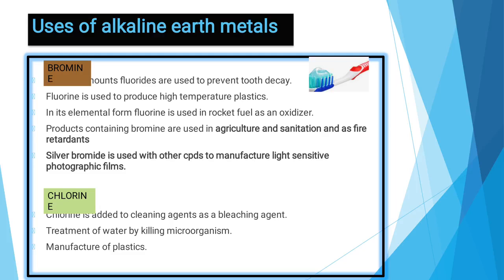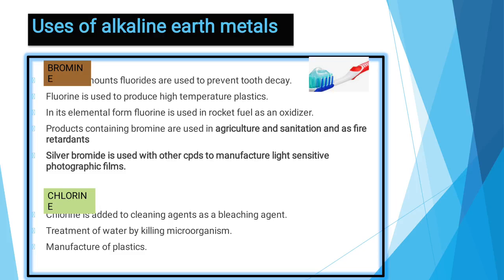Fluorine is also used to produce high temperature plastics, and in its elemental form, fluorine is used in rocket fuel as an oxidizer, that is to raise the rate at which the fuel is burnt in those rockets.